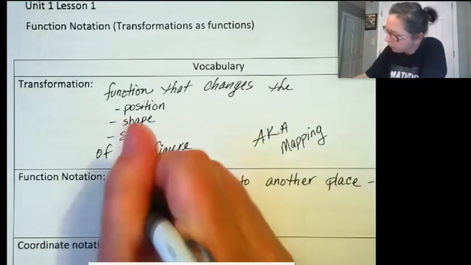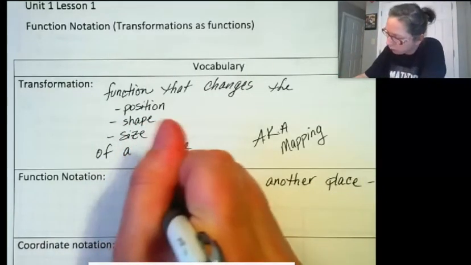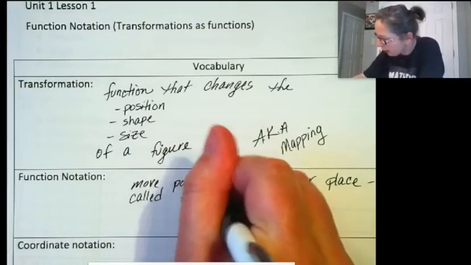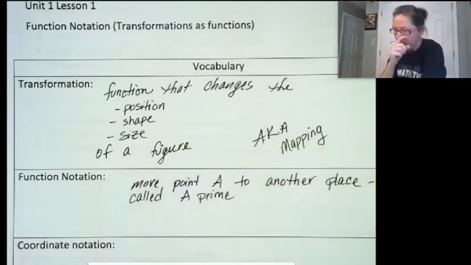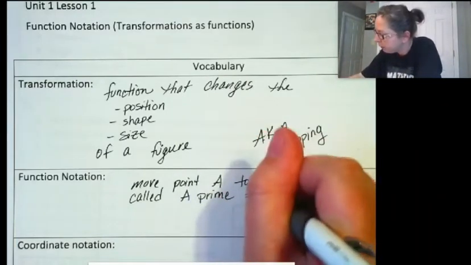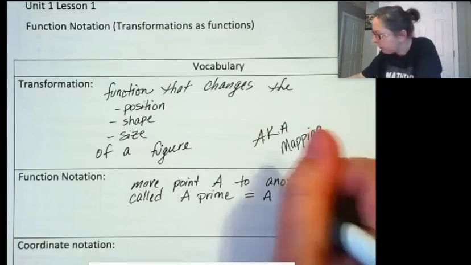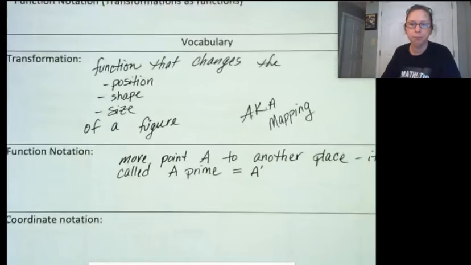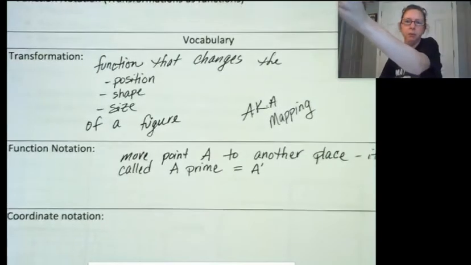It is called A prime. Okay. And the way that we write A prime is an A with a little tally above it. Zoom out a little bit more.